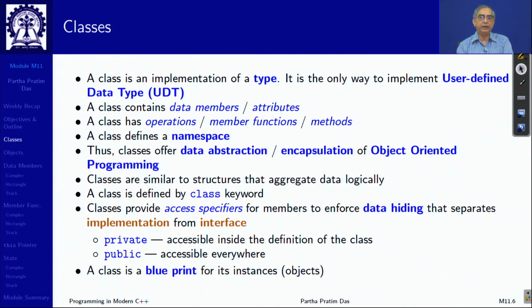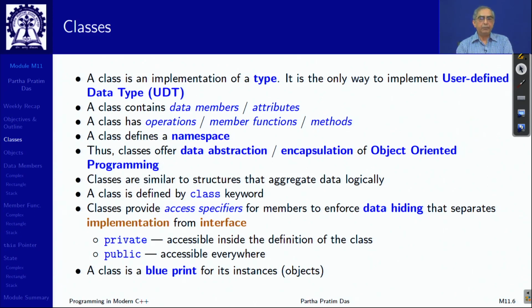So, you can think of a class being kind of a data structure as well. Class defines a namespace, that is every symbol within the class is qualified by the name of the class. We will talk about namespace per se later on in more detail. So, overall the class offers data abstraction and encapsulation for object oriented programming.